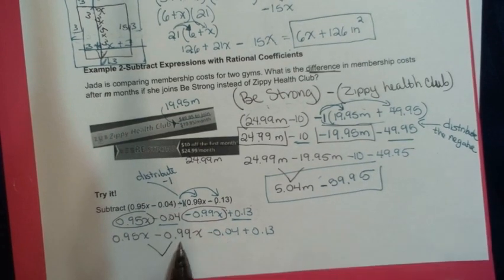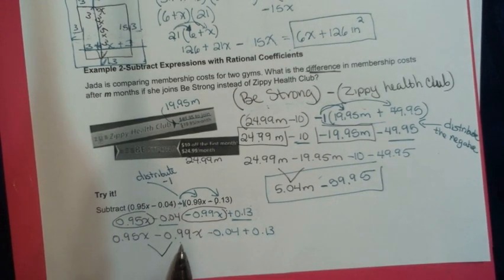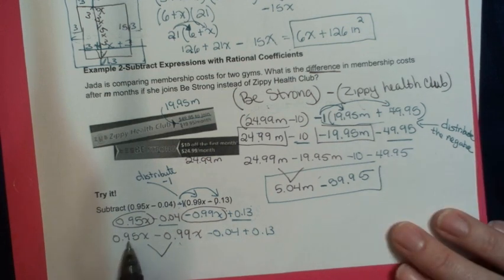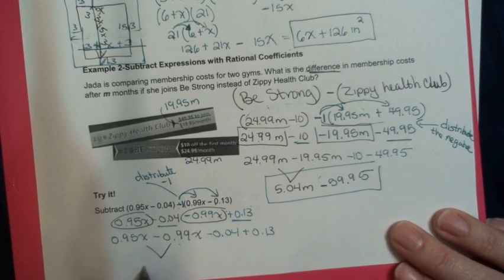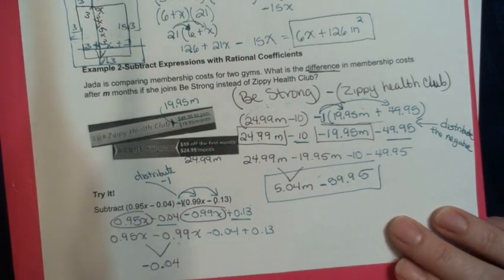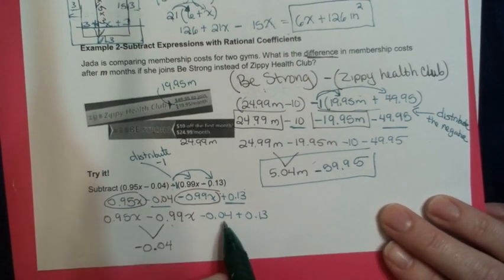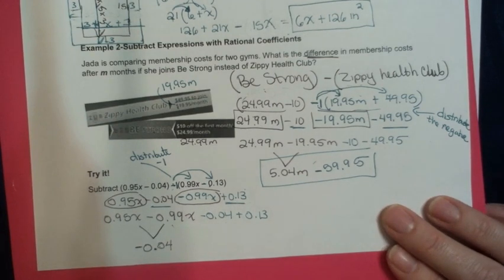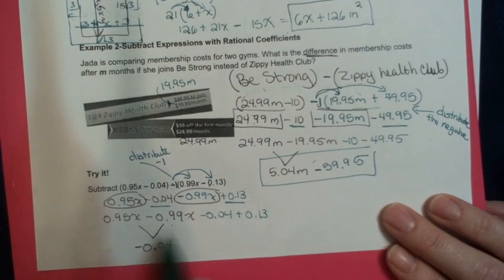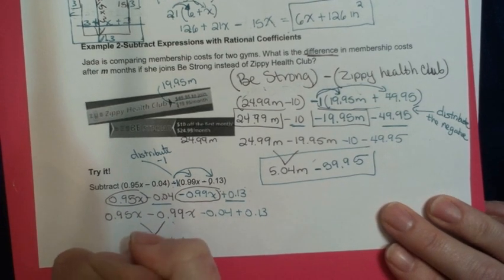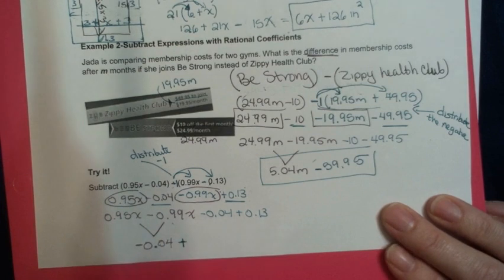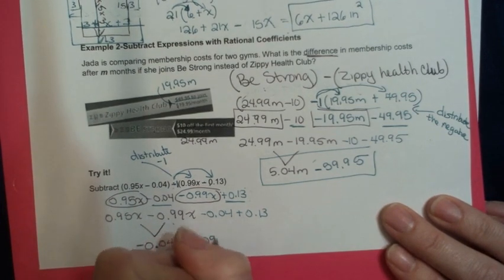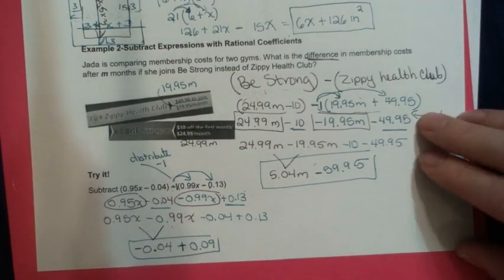So notice here, you might want to start using a calculator if you haven't already, because 0.95 is smaller than 0.99. Think of it as money. 95 cents is less than this. So you're going to have a difference of negative 0.04. Negative 0.04 plus a positive 0.13, you're going to have a difference of a positive 0.09. All right.